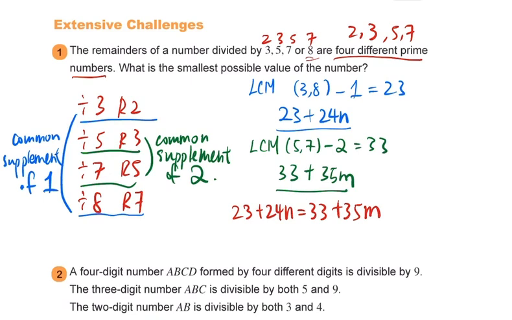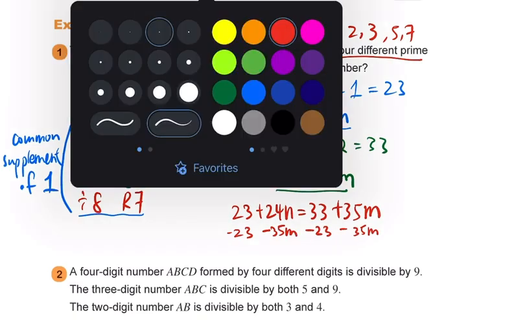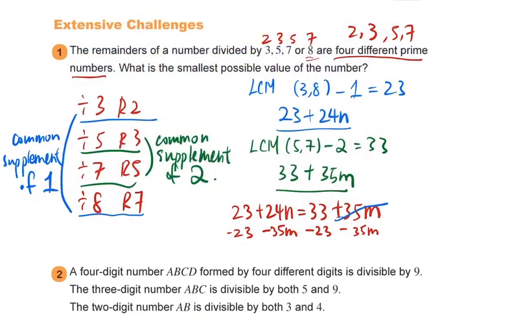After arranging the terms, taking away 23 from both sides, and then taking away 35m from both sides, on the right-hand side the 35m cancels out, and on the left-hand side the 23s cancel out. So we have 24n take away 35m is equal to 10.